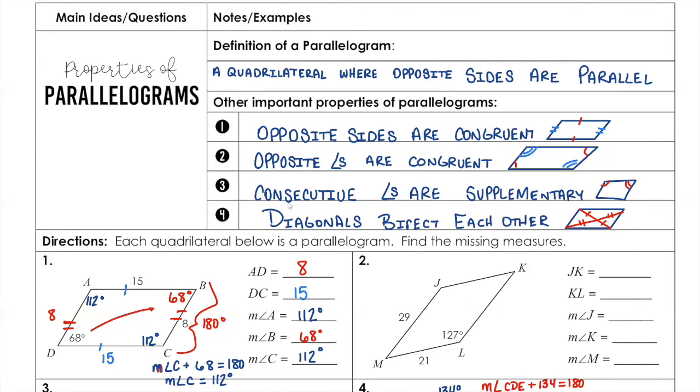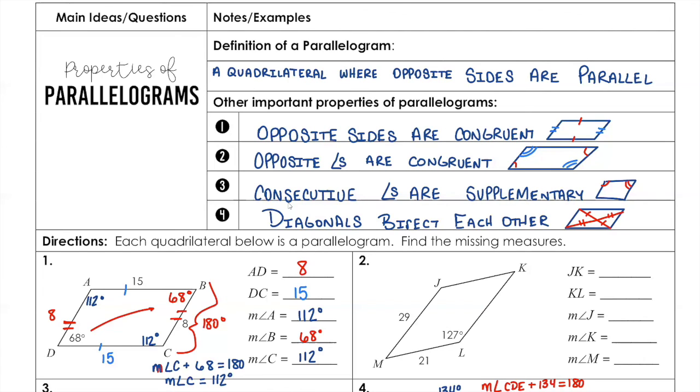First off, what is a parallelogram? Well, simply stated, a parallelogram is a quadrilateral where opposite sides are parallel. That makes it a parallelogram. But there's a couple of other important properties.